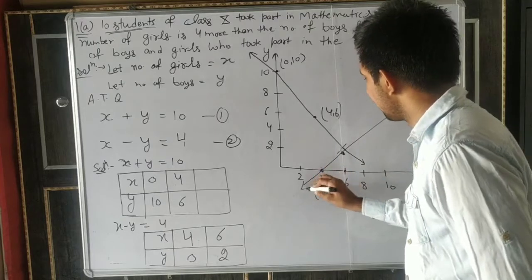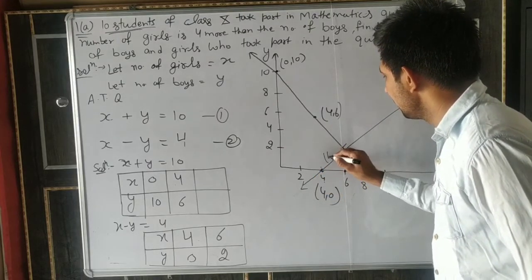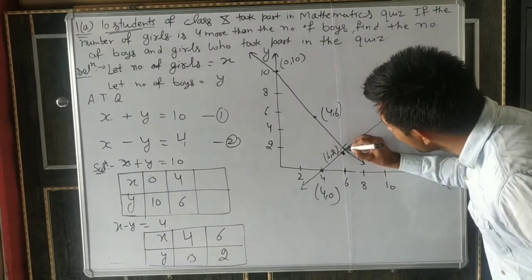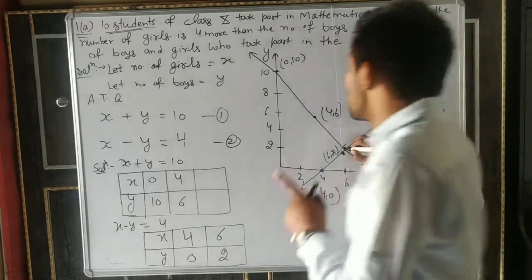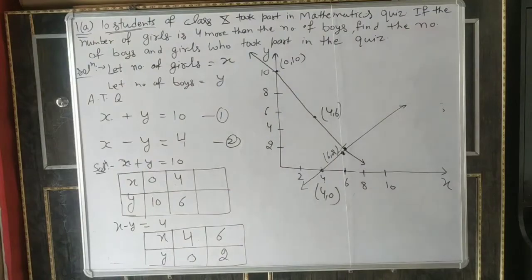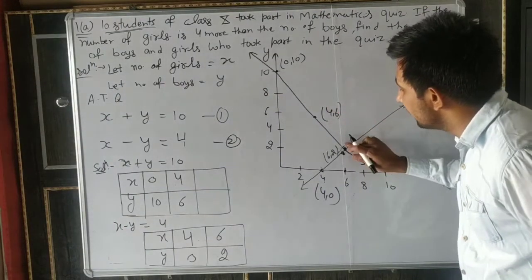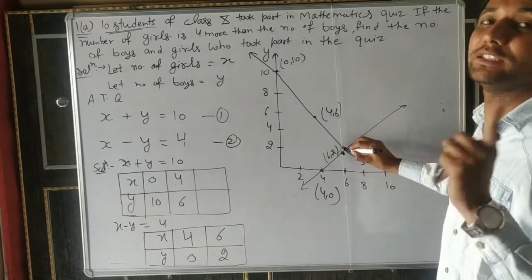Yes, do these straight lines cut at one point? That is the common solution. From this point we can find the number of boys and girls.